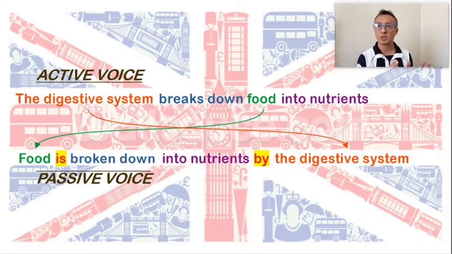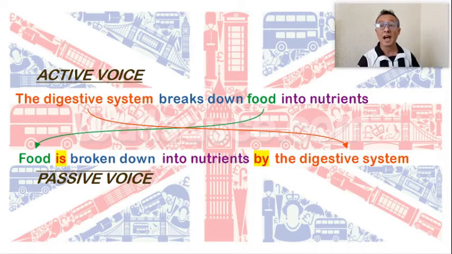We have a subject, the digestive system. A verb in the present simple, breaks down. An object, food, and a complement, into nutrients. But what if I want to use the passive voice of the verb?